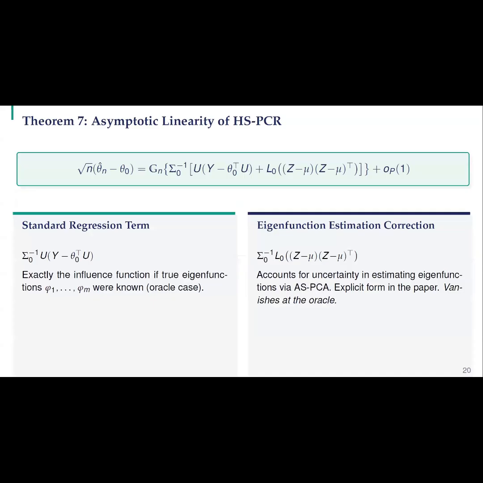Okay, so here is what we can now use these results before to give us a full expansion of square root of n of theta n hat, based on using estimated eigenvalues, minus the true theta naught if we had the oracle eigenfunctions and we were fitting the same model. It has a linear operator structure.